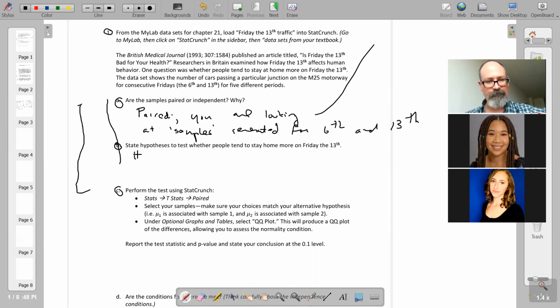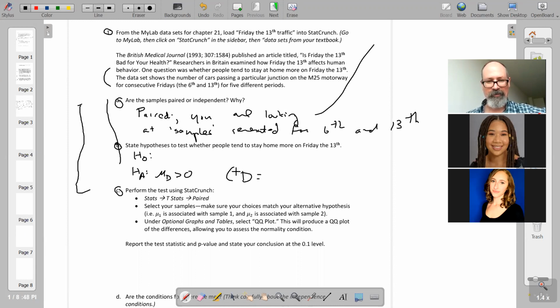Using the notation, I guess the theory here might be: if you take the difference between the 6th and the 13th, it seems like the authors of the piece want to think about whether or not there's evidence for the average difference being positive. I'm going to abuse notation a little bit here just to give you an idea of what I'm trying to say.